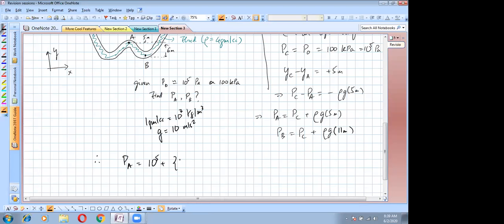So this will become 10 raised power 3 into 10 into 5. So this will become 10 raised power 5 plus 5 into 10 raised power 4. So it becomes 1.5 into 10 raised power 5 pascals. That should be the pressure at the point.